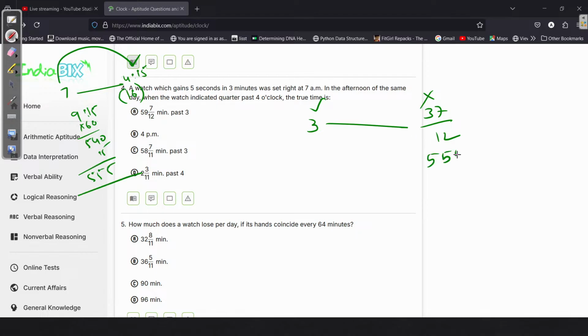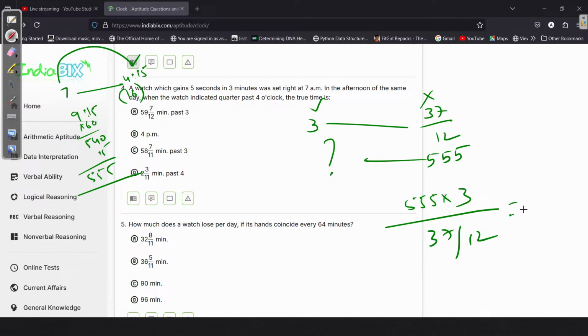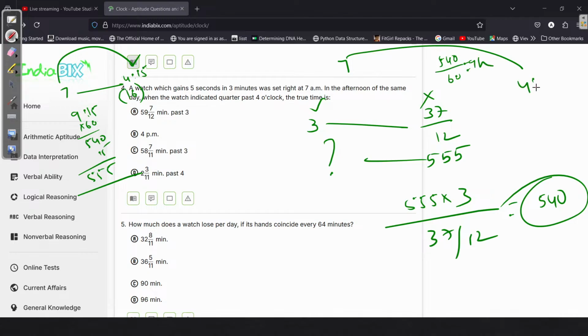How many minutes are there in the original clock? 555 into 3 by 37 by 12. After simplification, I think you are going to get 540 minutes. Setting them at 7 o'clock, 540 minutes means 9 hours. You are going to get the answer as 4 p.m. That's it.